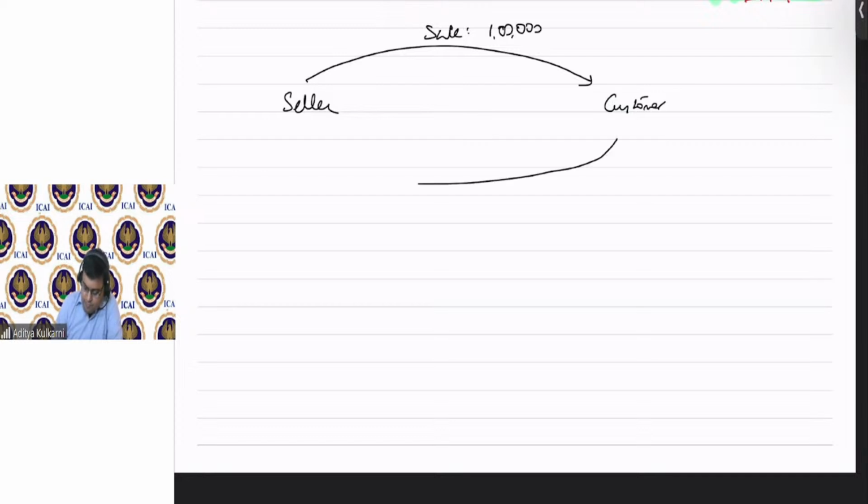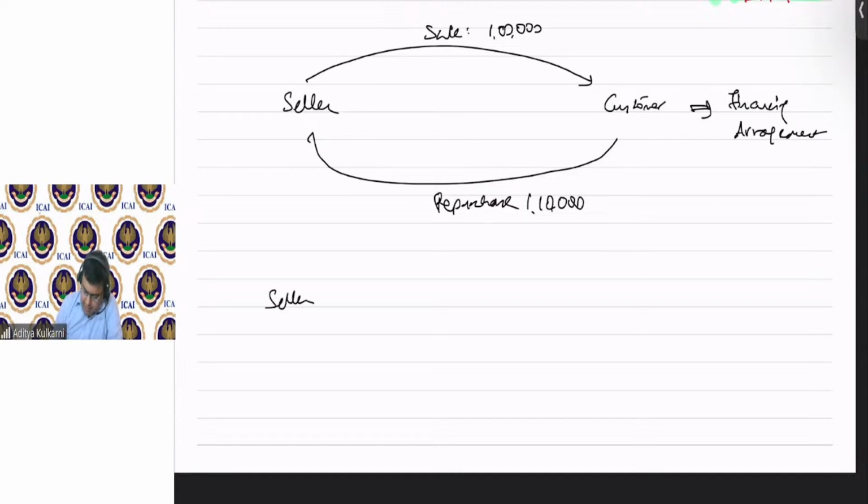Seller, customer. Sale, 1 lakh. Repurchase, 1,10,000. This is a financing arrangement.